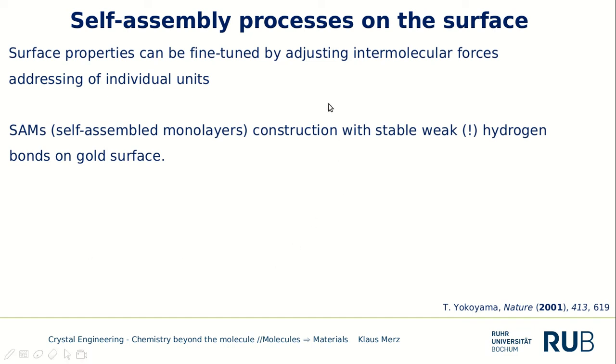And you use weak, really weak intermolecular interaction. In this case, we have stable, weak hydrogen interactions on a gold surface. Yes, you construct, you design self-assembled monolayers of molecules on a gold surface by using weak hydrogen bonds.